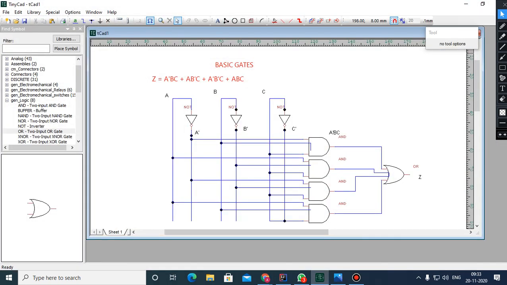Okay, now I'm going to give one more example. And the diagram for this, you have to draw on your own, all of you. So Z is equal to A, B complement, C complement, plus A complement, B complement, C complement, plus A, B, C. So please draw the logic gate diagram.